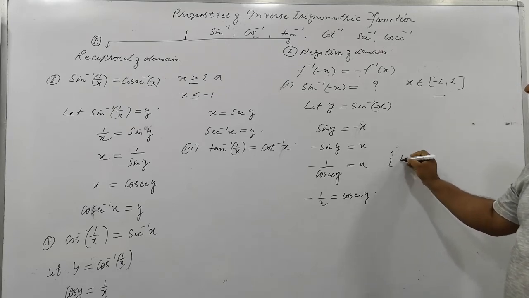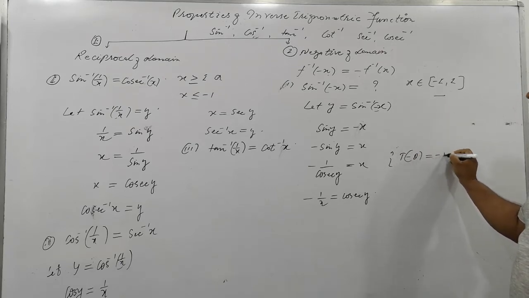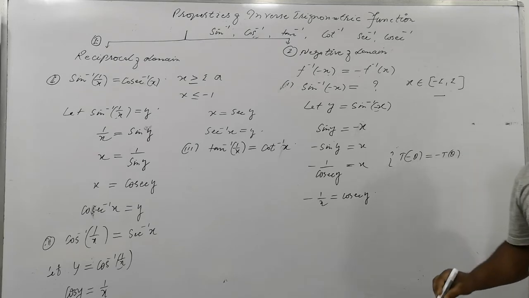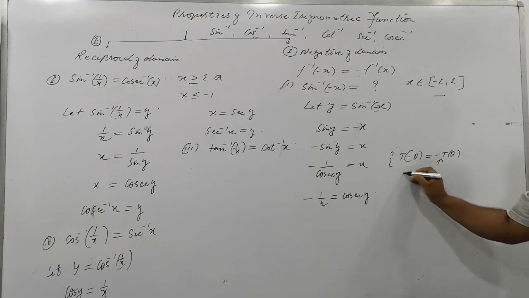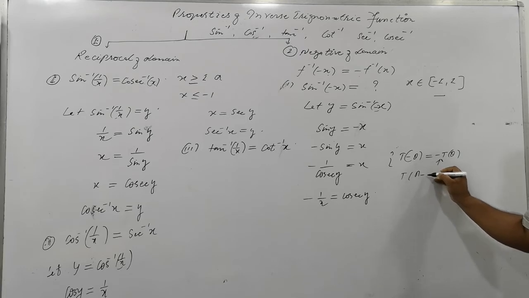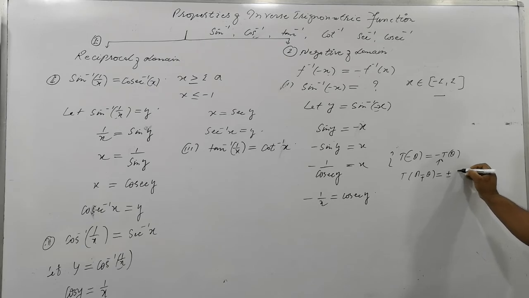These identities: t of minus theta is equal to minus t of theta. The negativeness of any trigonometric function, and also pi minus theta, plus and minus can be changed into the negative of any function. Is that clear?